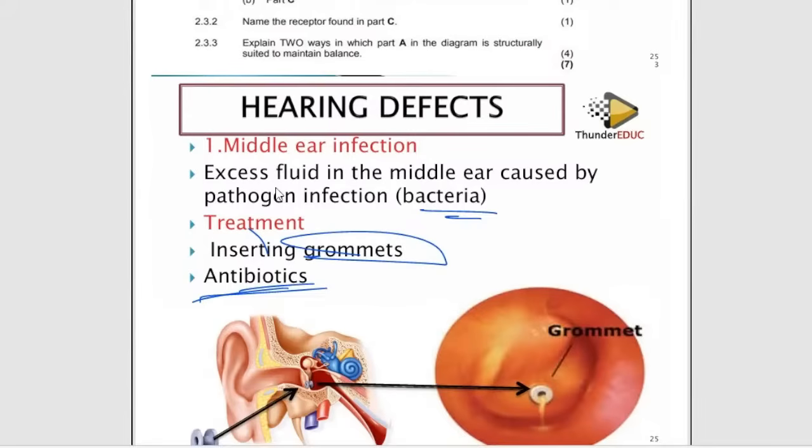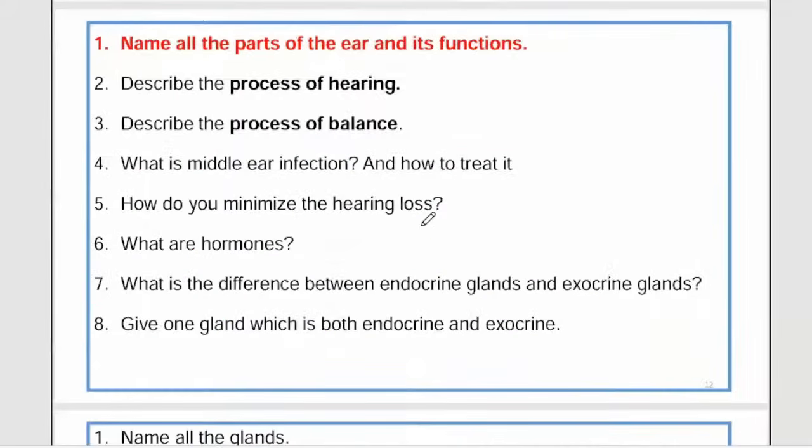Then we go to the next question, which is how do you minimize hearing loss? Hearing aids, obviously we add hearing aids, and remove the cerumen or wax from the auditory canal. Now we are going to the next point, which is hormones.